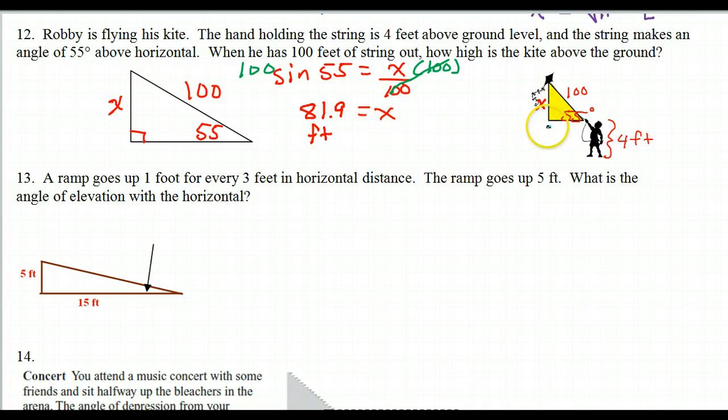Okay, so of course, if we want to find the height above the ground, we need to add on this extra 4 feet. That goes from here to the ground. So the total height of the kite is going to be 81.9 plus 4, which is 85.9 feet.